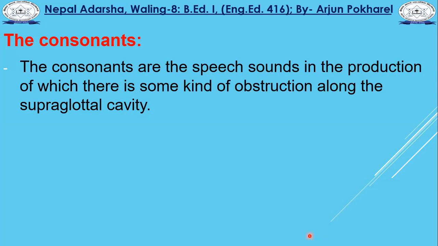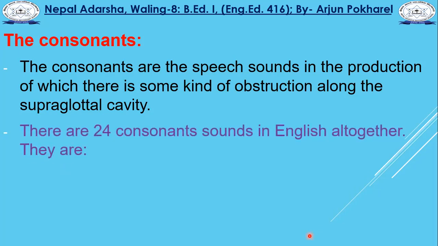That's why the air is blocked. The air from the lungs is completely blocked, or sometimes partially blocked in the vocal tract, causing audible friction. Most of the time the active and passive articulators are firmly joined, and the air is blocked in the oral cavity for some time. In this way, consonant sounds are produced.